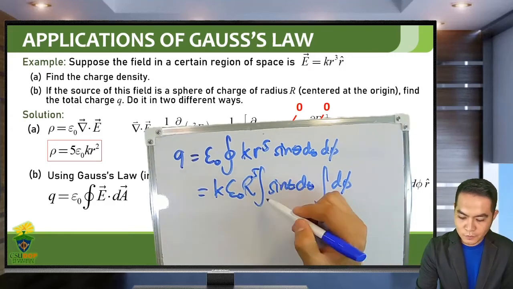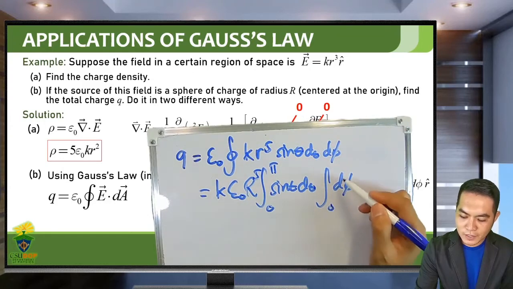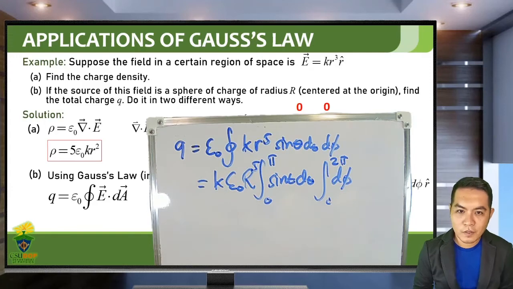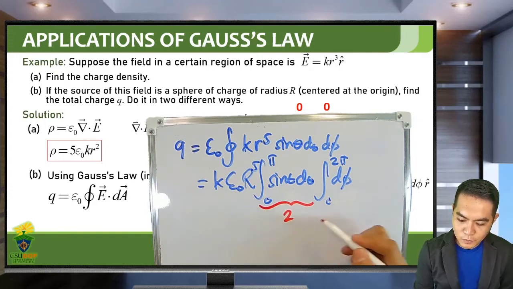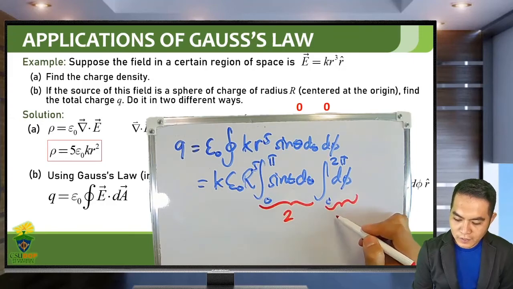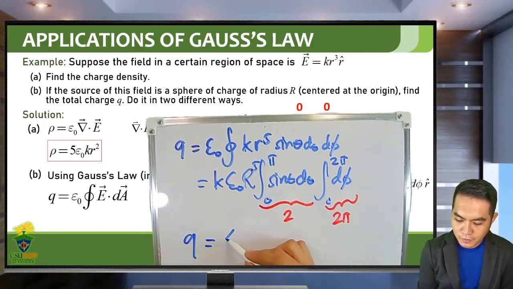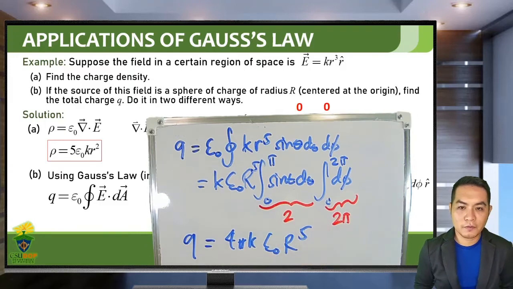Theta is evaluated from 0 to pi, and phi is evaluated from 0 to 2 pi. The first integral gives us a value of 2, and the second gives us 2 pi. Therefore, our total charge Q will be 4 pi k epsilon naught R to the 5.